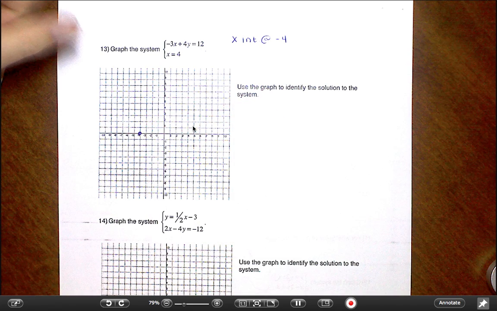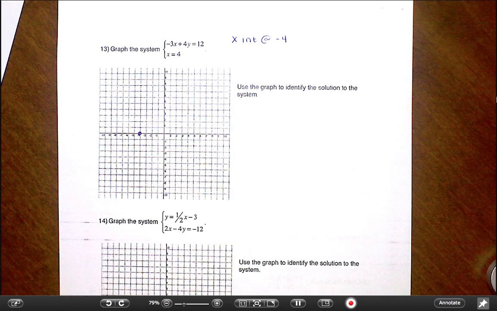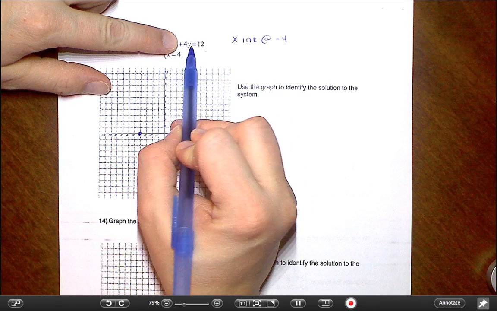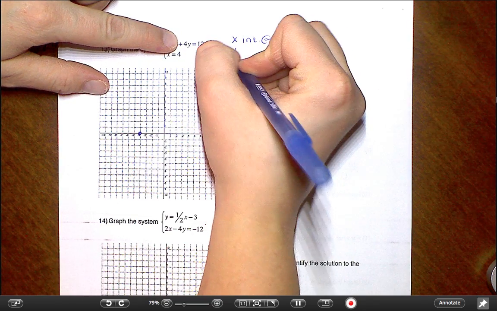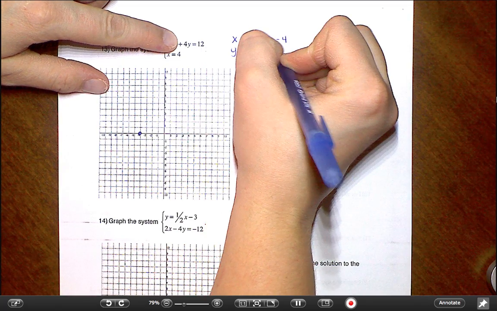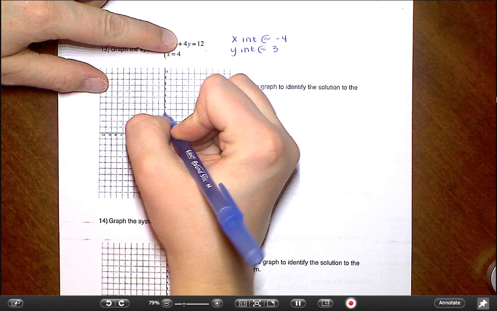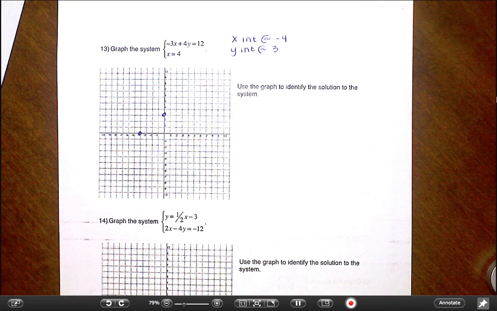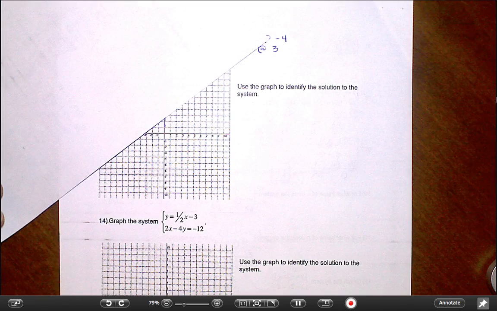And then when I want the y-intercept, at the y-intercept I know that x is equal to 0, so I'm going to cover that up. Now I have 4y equals 12, so the y-intercept is at positive 3. So I'm going to go to 3 on the y-axis. So I just wanted to review that graphing method with you. You certainly could put that in slope-intercept form, but I'm just hoping not to have to do that.